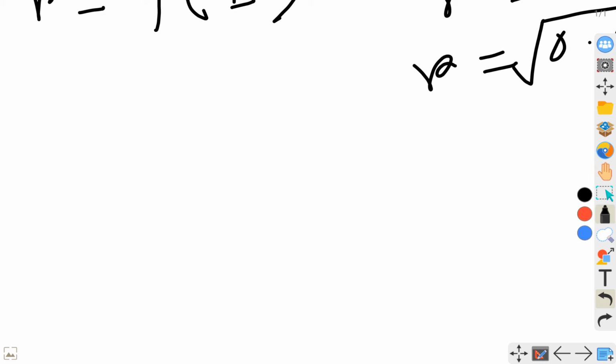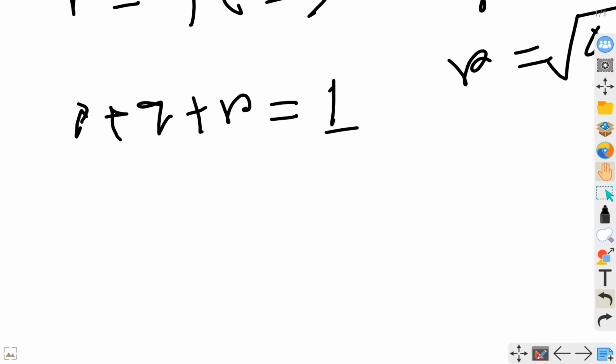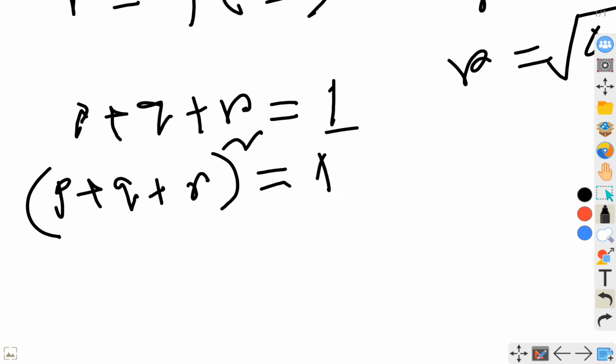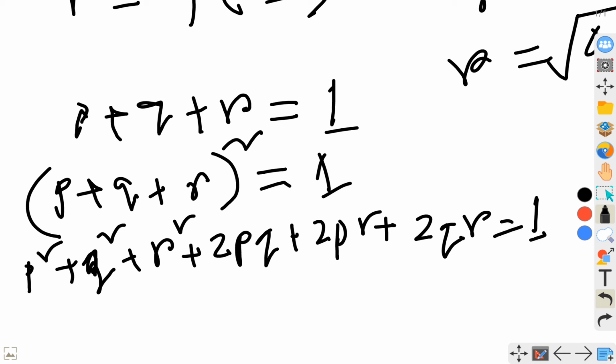As we have written, P plus Q plus R is equal to 1, so we will take P plus Q plus R whole square is equal to 1. So P square plus Q square plus R square plus 2PQ plus 2PR plus 2QR is equal to 1. This is just a simple expansion.